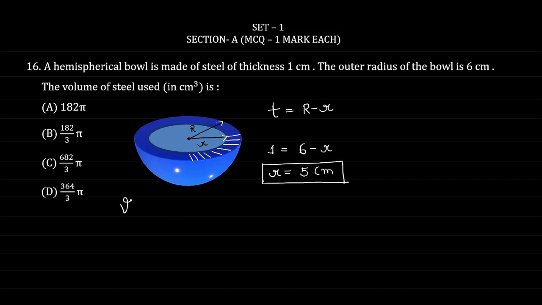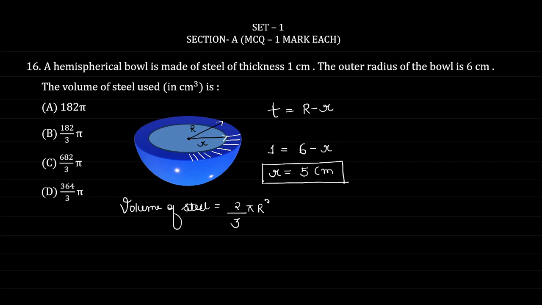Now the volume of steel is given by 2/3 pi capital R cube minus 2/3 pi small r cube. It's a good thing that the answer is given to you in the form of pi only, so we don't have to solve for the value of pi.